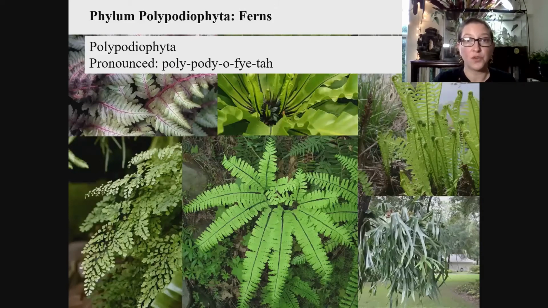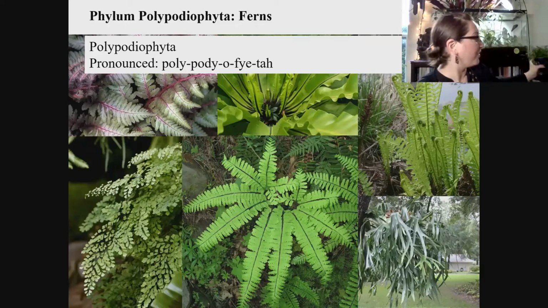And then ferns. Ferns are also spore-shedding plants that are vascular. And here's a little group of ferns. For the purposes of this class, I actually broke out some of my ferns so that you can see real fern in real life.